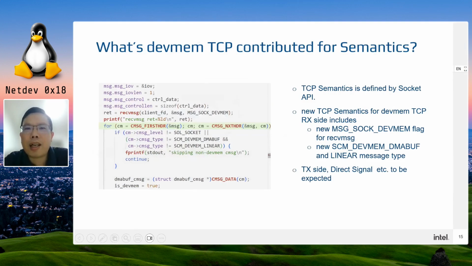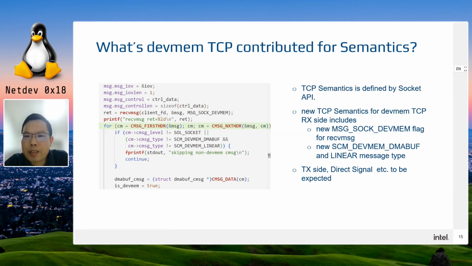We still have many things to do, but right now device memory TCP already has those enhancements for the TCP semantic. We call it the TCP semantic; it is defined on Linux in the socket API, and other platforms like Windows have a similar API.